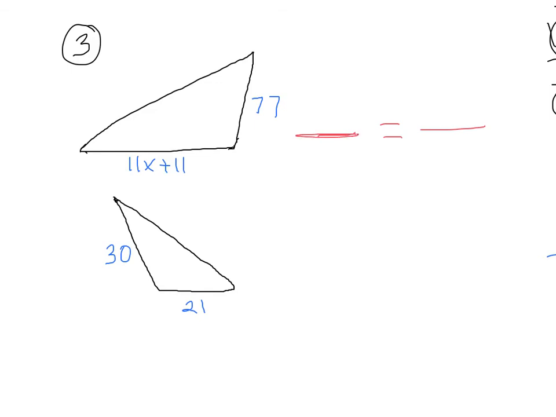Remember, you either need to put both of the smaller triangle on the top or on the bottom. And then we're going to solve for x. Now notice this time x is within the measurement for that side length. It's not the side length itself, and that's okay. So take a moment, maybe pause the video, and try to write your equation.